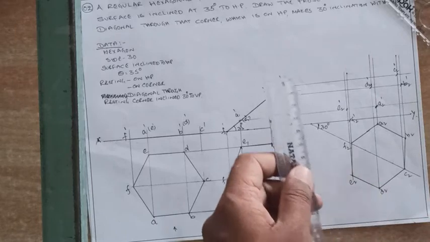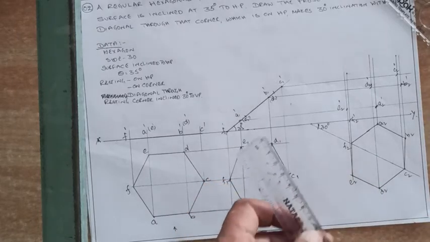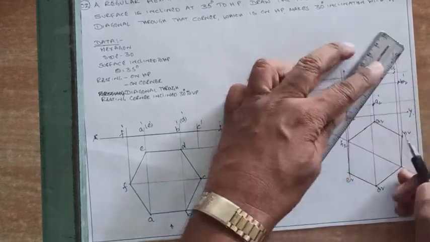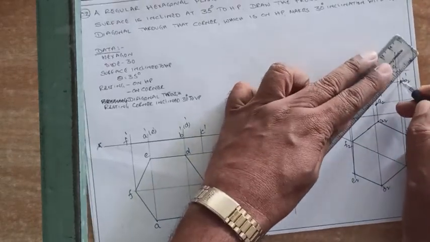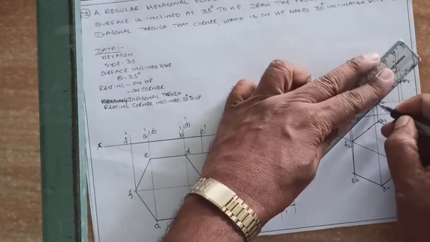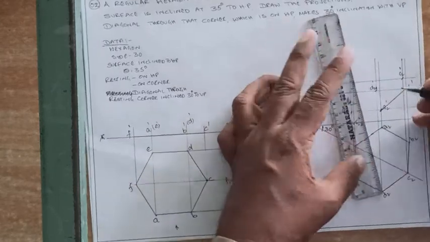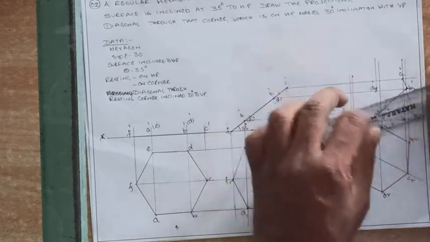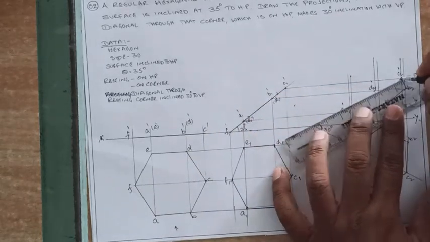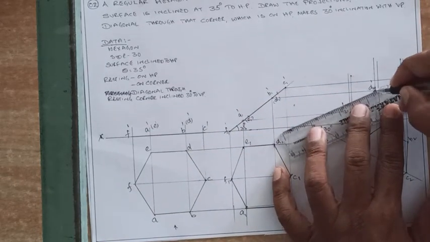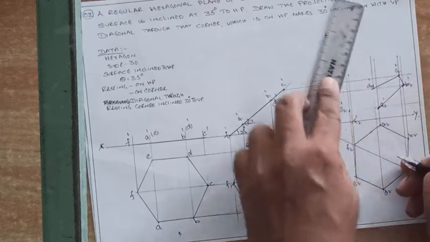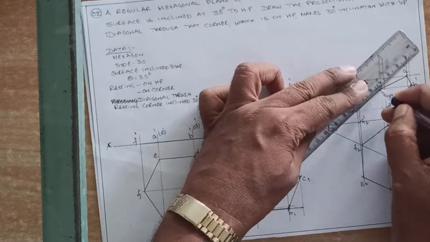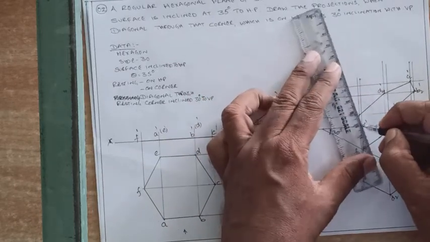Now you have to join all these points in order. A2 dash, B2 dash, thick line, very thick line. Then B2 and C2 dash, then C2 with D2 dash, D2 with E2 dash, and E2 with F2 dash.